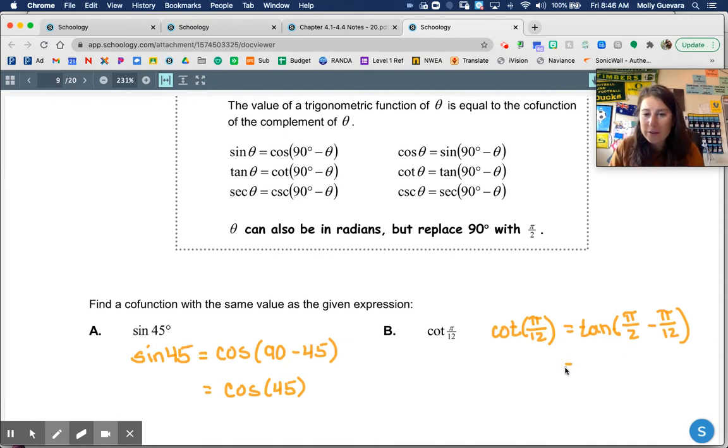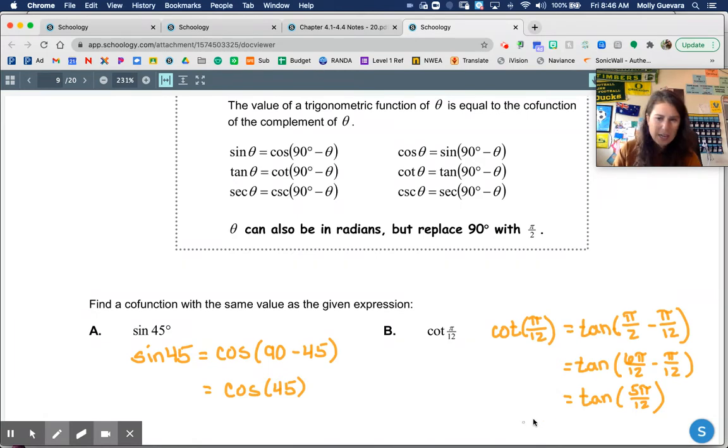Okay, that's great, but in order to subtract these, I need a common denominator, right? So I get tangent of, if I make this bottom 12, the top becomes 6 pi. Okay, so I just got this first fraction, the pi over 2, to be a common denominator. And then 6 pi minus pi is 5 pi. So I get 5 pi over 12.